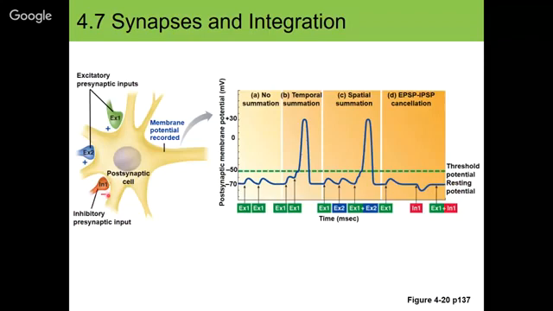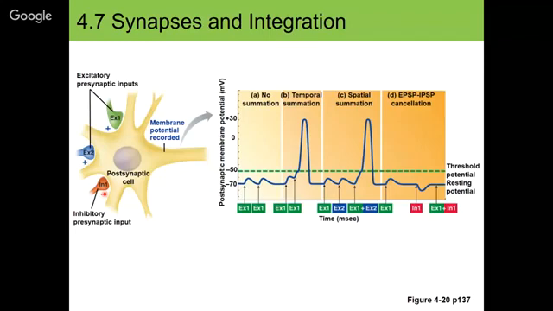So the balance of these spatial and temporal factors, the number of connections going on and the number of connections that are inhibitory versus excitatory, will determine whether the postsynaptic cell records this as an action potential or not.